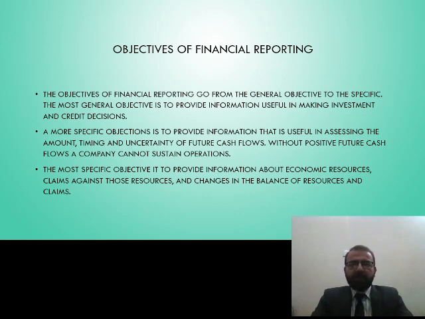Without positive future cash flows, a company cannot sustain operations. The most specific objective is to provide information about resources, claims against those resources, and changes in the balance of resources and claims.